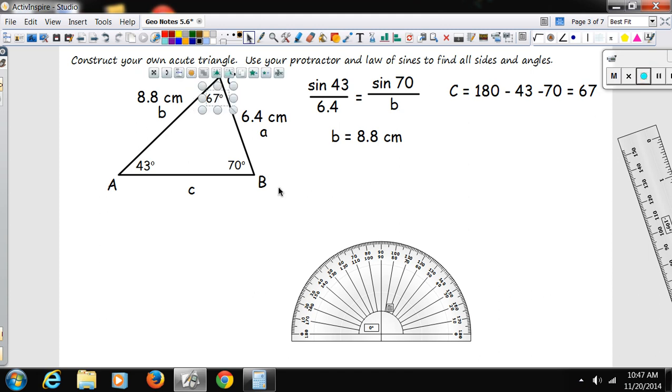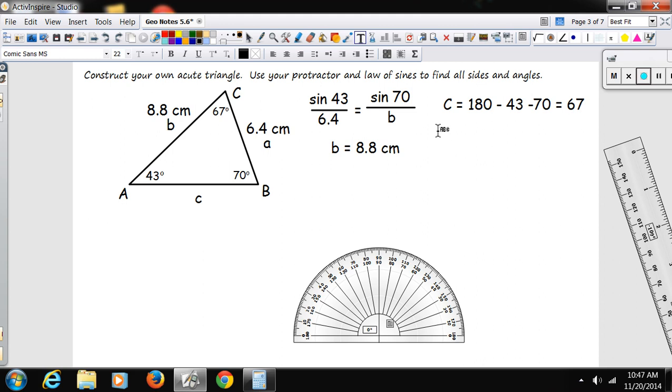Now once I've got the third angle, I can find my last side because I can do sine of C over C. So I can do sine of 67 over the C equals, and I'm going to use the same one I used before, which was the A one, sine of 43 over 6.4.